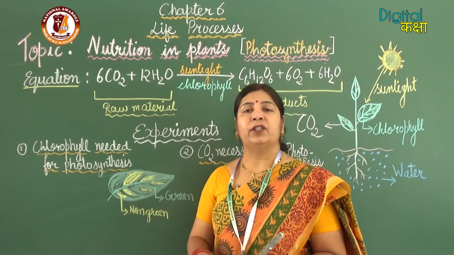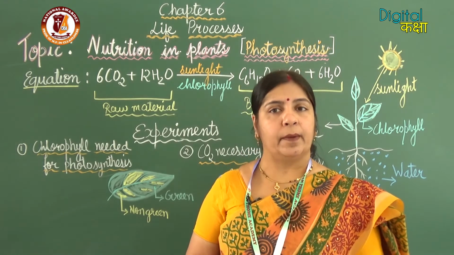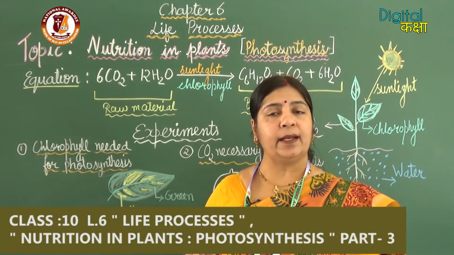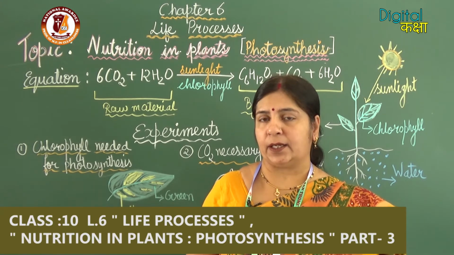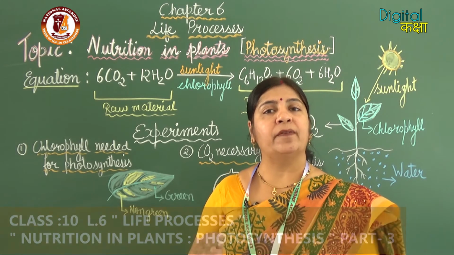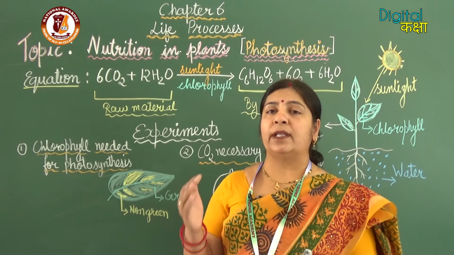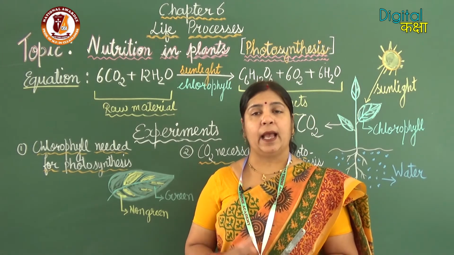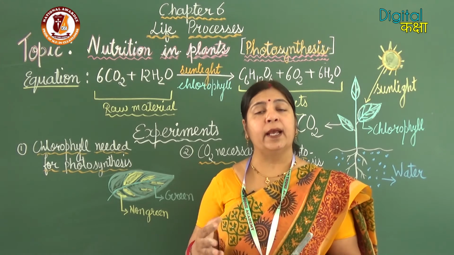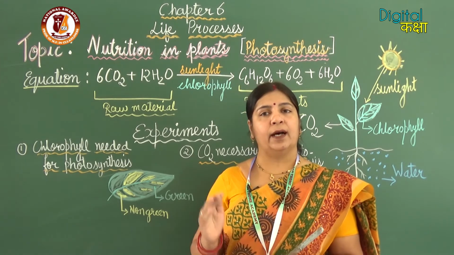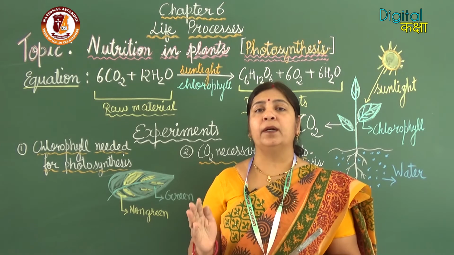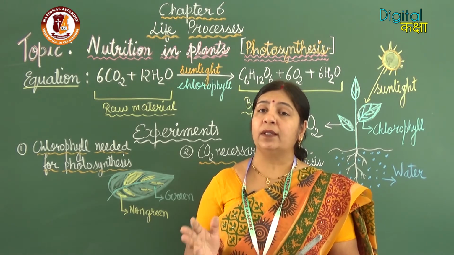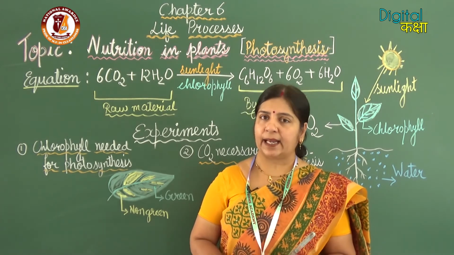Why does the green region turn blue black? It is because iodine is the confirmatory test for the presence of starch. So the area where photosynthesis has taken place and the plant has prepared food, in that region the iodine will give the blue black color because starch is present in that area.